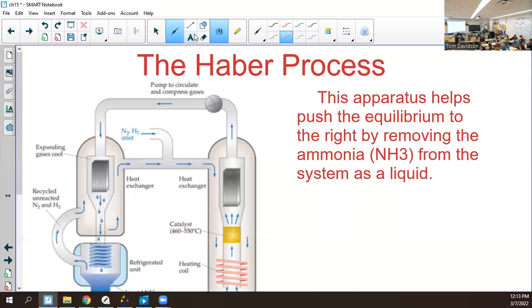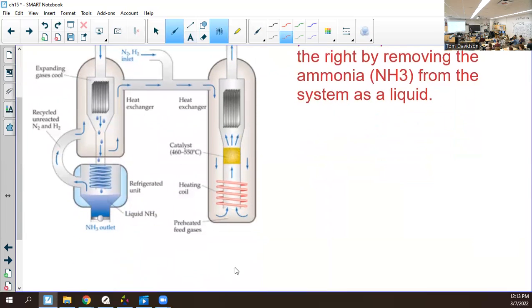All right. This apparatus helps push the equilibrium to the right by removing the ammonia from the system as a liquid. You don't have to draw this out, but it's pretty fascinating. As soon as it is produced, they try and get it out. Any chemical engineer is going to try and design a system where the product is removed as fast as possible, so you can get as much as you want out of the reactants, because you're going to pay money for N2 and H2.